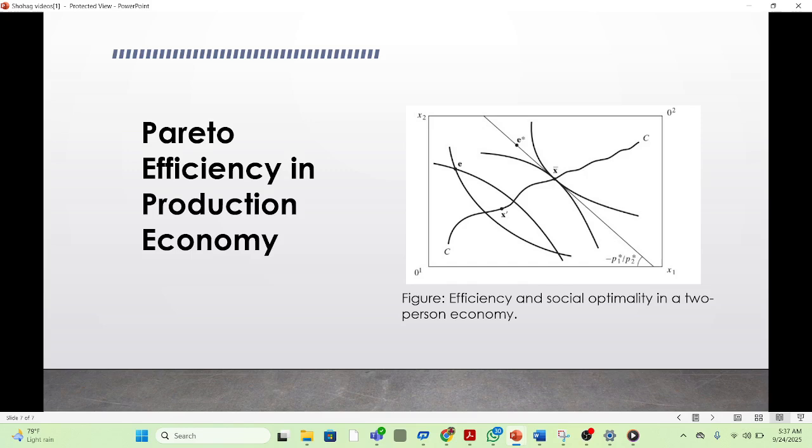No more production is possible unless some other production is reduced. Pareto efficiency and social optimality in a two-person economy.